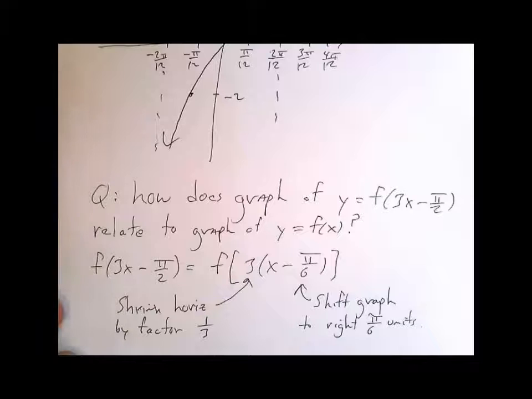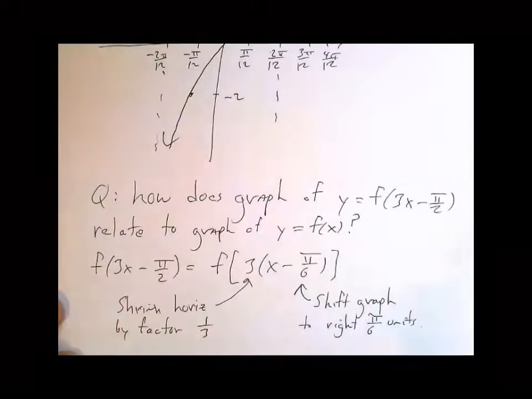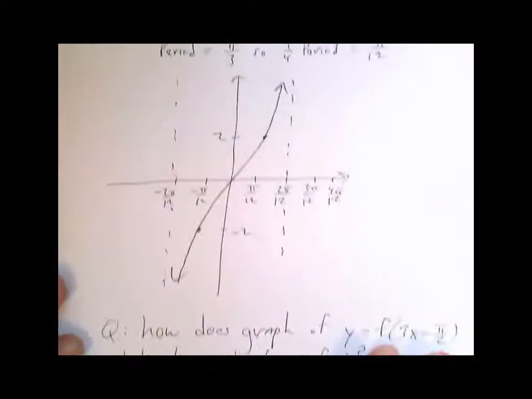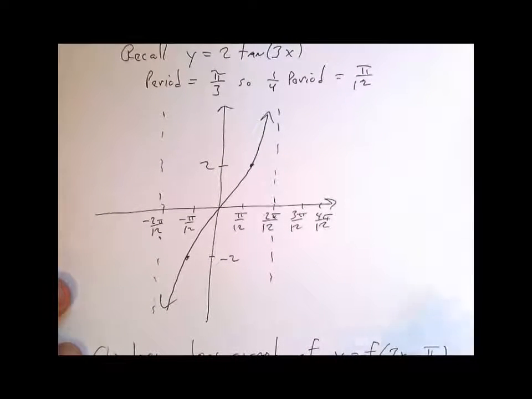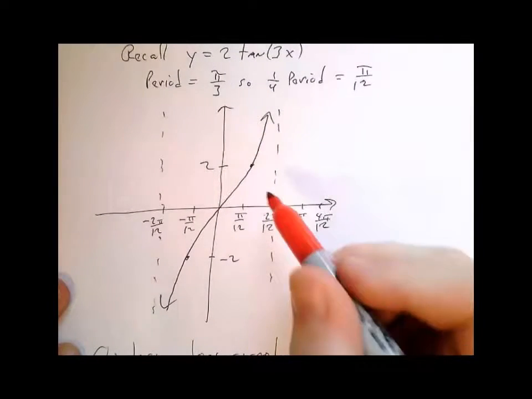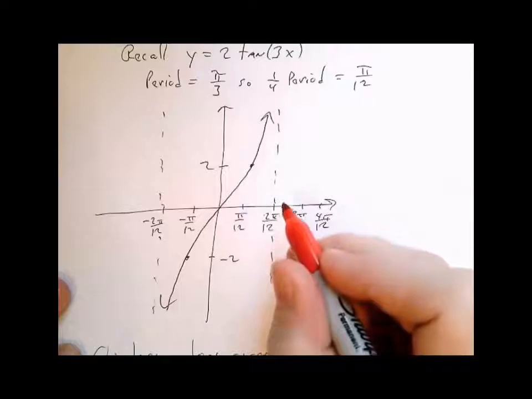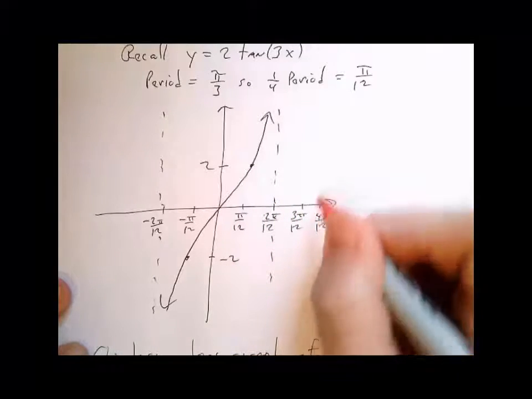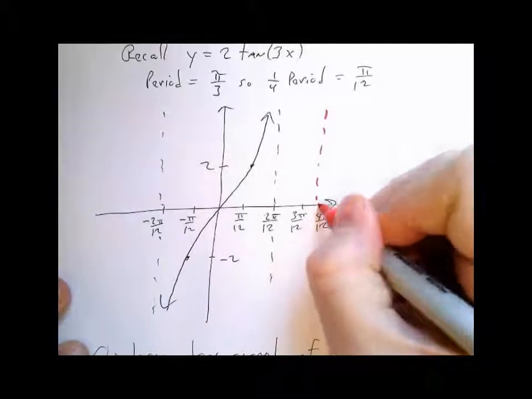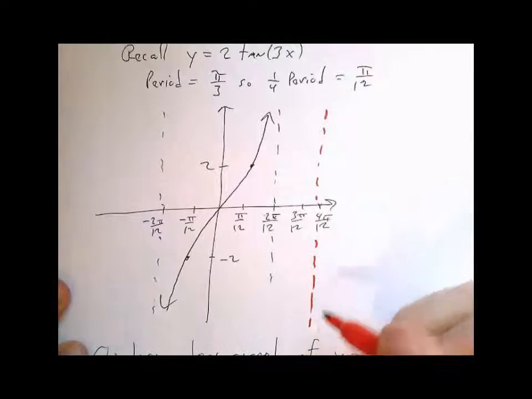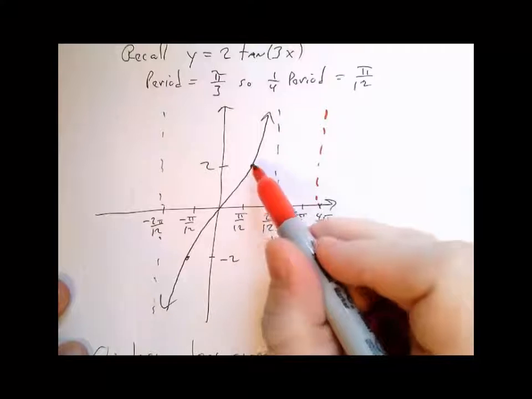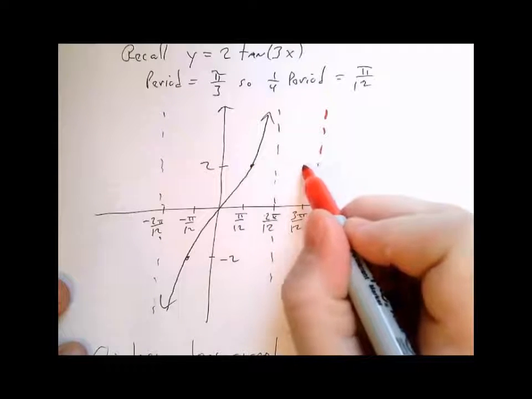So now, I'm going to go back up to my graph here. I want to shift it to the right 2 tick marks. So what happens on my asymptotes? Well, here's this 2 pi over 12 over 2. I'm going to be right here. Right? So I can move my asymptotes here. What about this point here? It's going to move over to here.